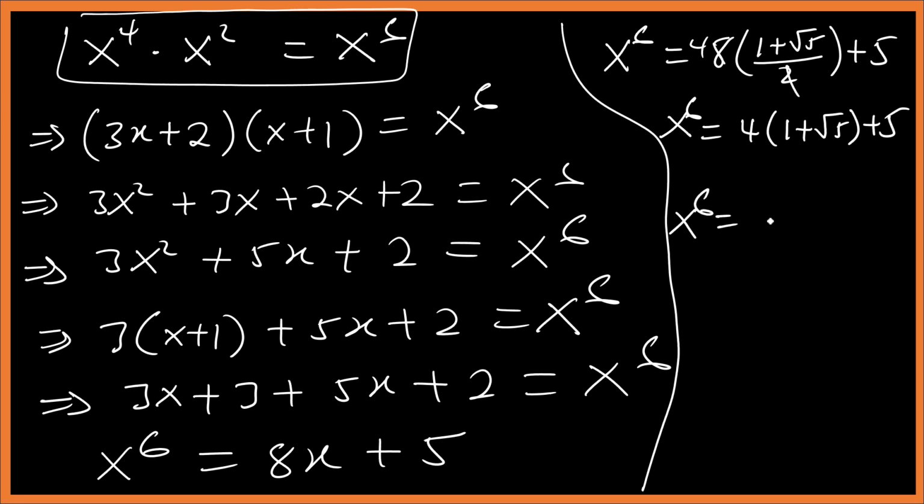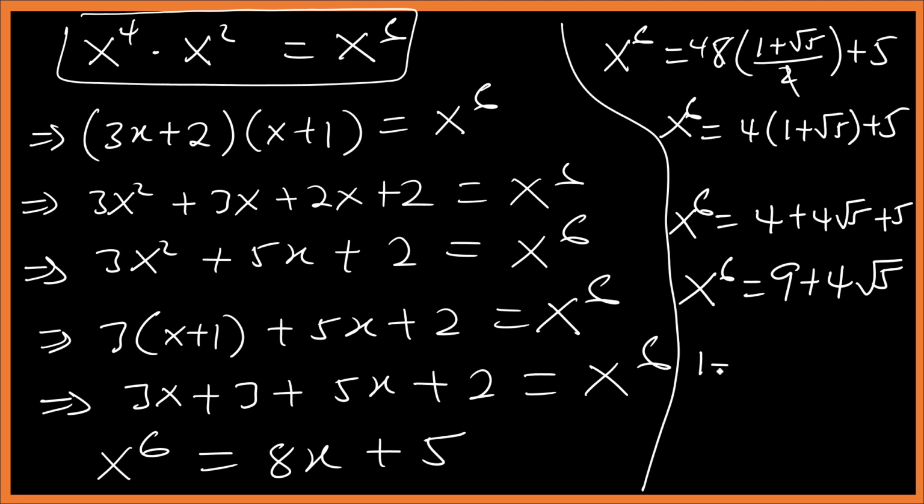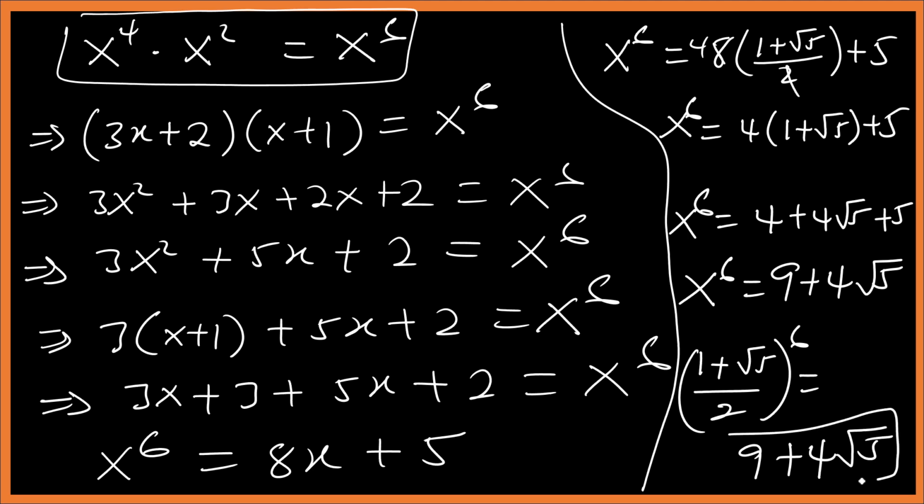So x to the power 6 is 4 plus 4√5 plus 5, which is 9 plus 4√5. So x to the power 6, which is ((1 + √5)/2) all to the power 6, is given by 9 plus 4√5. All right, so that's the answer.